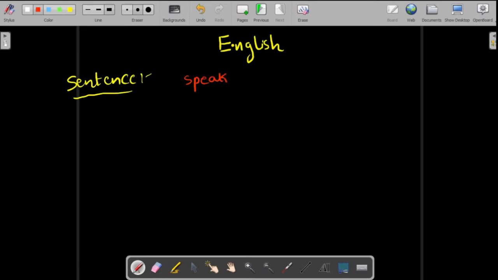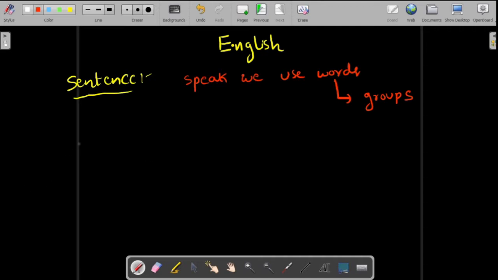When we speak, we use words, and we use these words in groups and express a complete thought. That is nothing but a sentence.